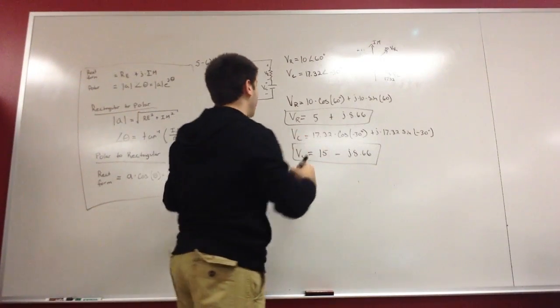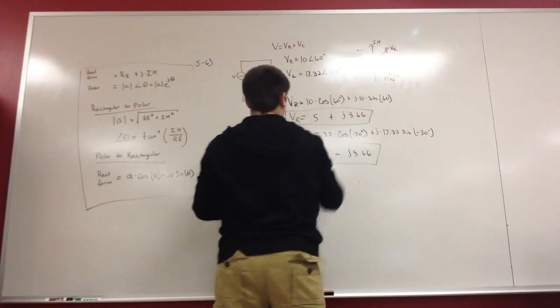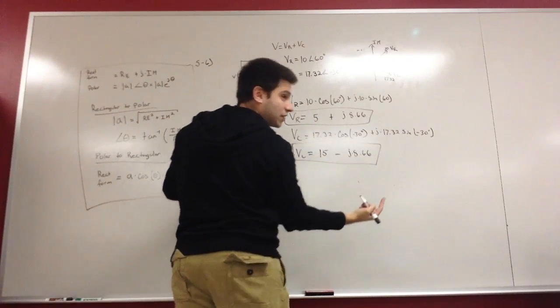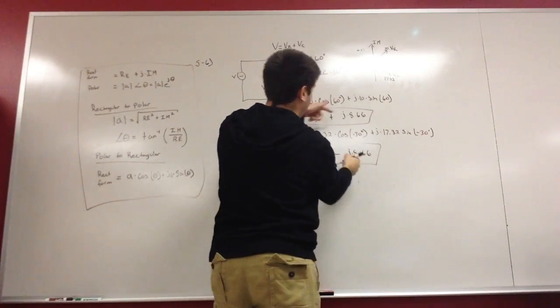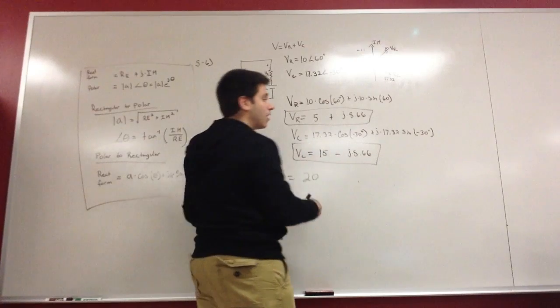Now to find V, we add up these components. So 5 plus 15 gives us 20 as a real component, and the imaginary component is going to cancel like it did in the previous question.